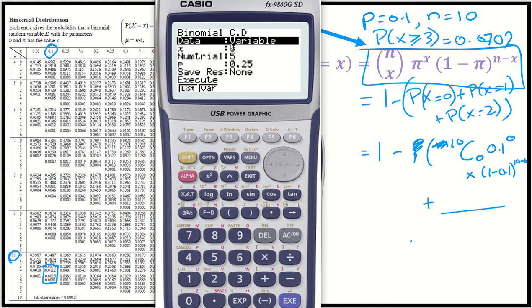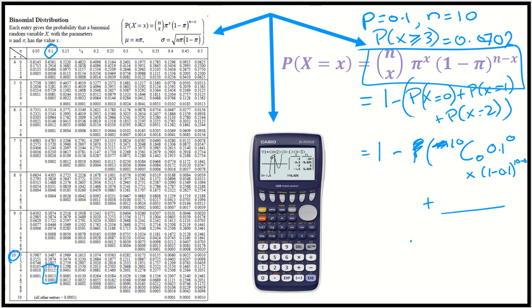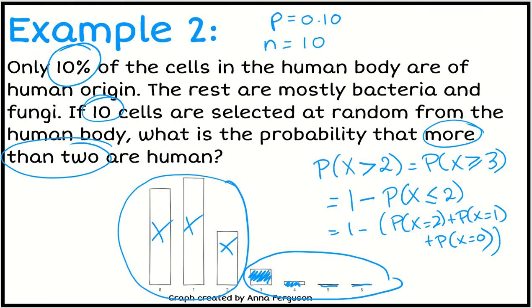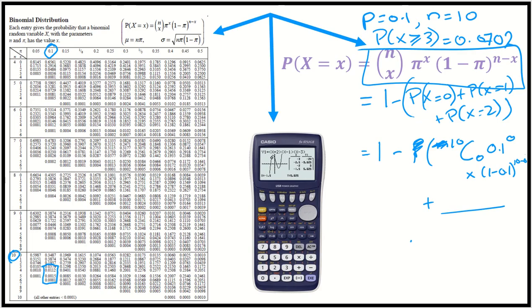When we do the cumulative, it always gives us the left-hand tail of the graph. So when I look at the graph here, it's going to give us that left-hand side. The calculator's going to find this area for us. And we've just got to know that.